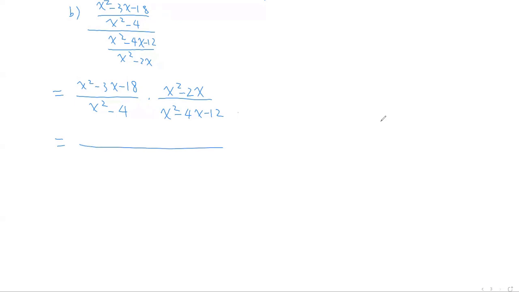Negative 18, and the sum is negative 3. So 18, that's 3 times 6, right? So we have x plus 3 times x minus 6. Anyway, you want the product to be negative 18 and the sum to be negative 3, right?